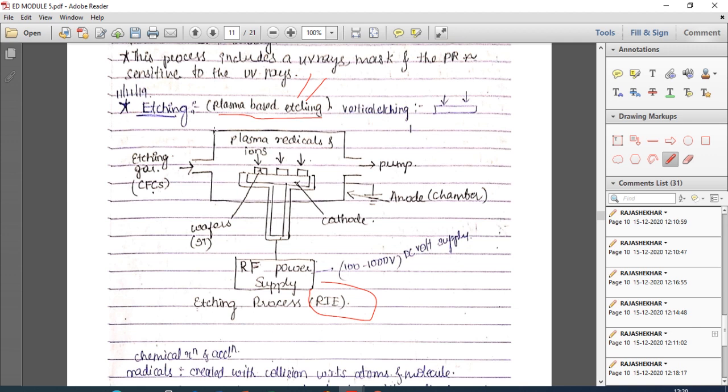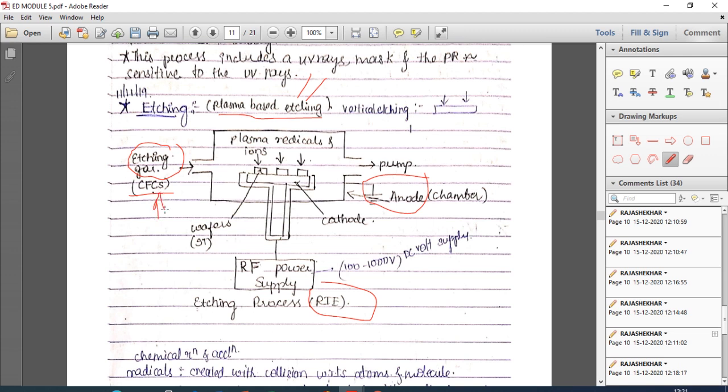So what does it consist of? It consists of a tube called the anode. This is a complete tube which is nothing but an anode, shown here. And here is the etching gas, chlorofluorocarbon gas.